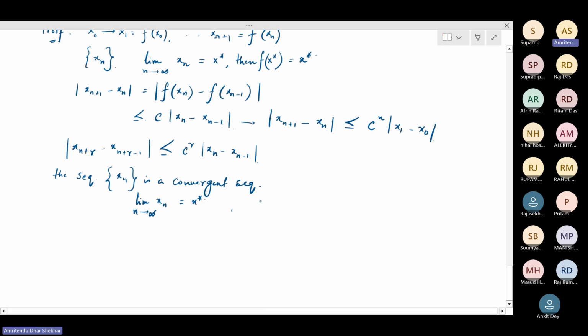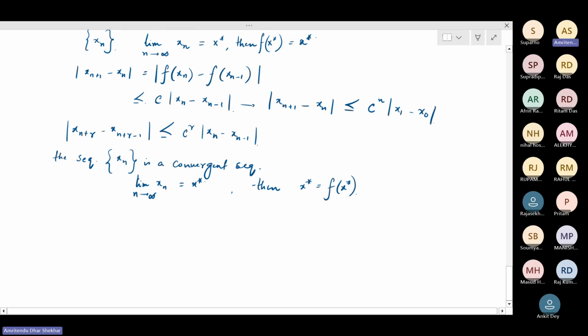Then of course, x star is a fixed point. So x star is equal to f of x star.